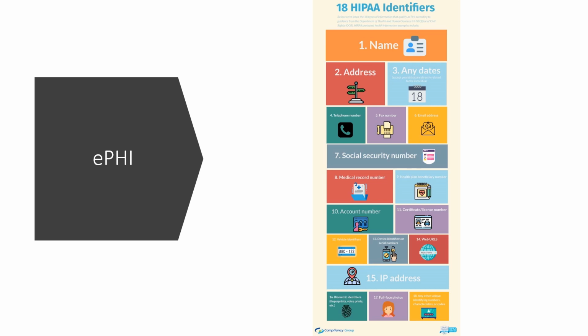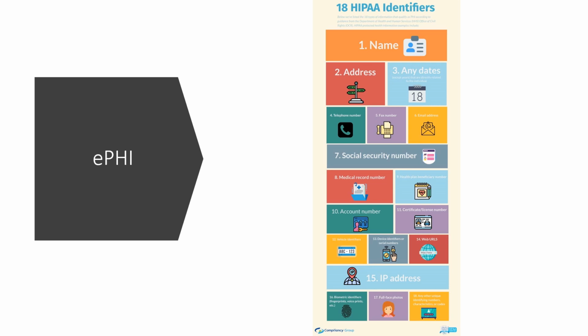And if you fall into this category in healthcare, then you need to be able to protect this, whether it's in physical paper form or it becomes ePHI, electronic protected health information. And so these are the pieces that we are going to be talking about.